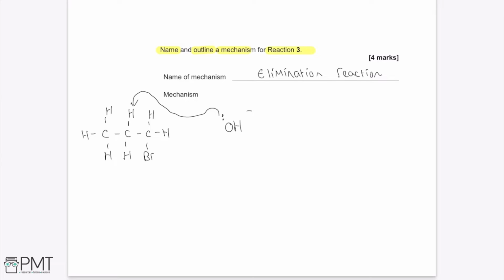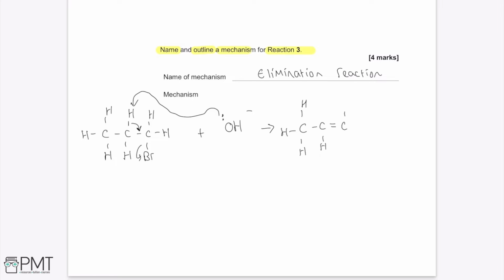If we draw an arrow from the lone pair to this hydrogen, we then have an arrow going from the carbon-hydrogen bond into the carbon-carbon single bond to form a double bond, which leads to the carbon-bromine bond breaking. This leaves us with a carbon attached to 3 hydrogens, attached to a carbon attached to 1 hydrogen, and a double bonded carbon attached to 2 more hydrogens.